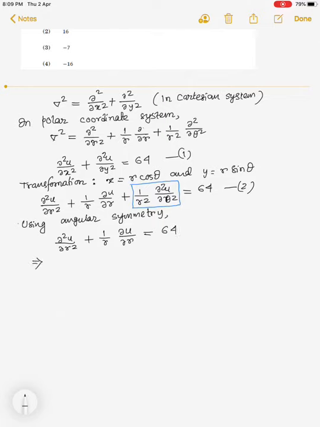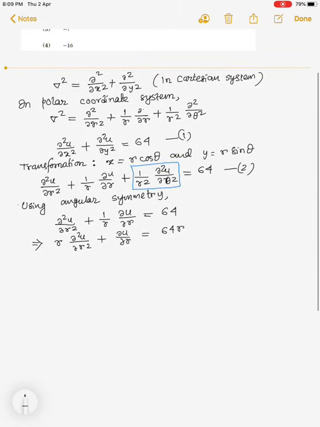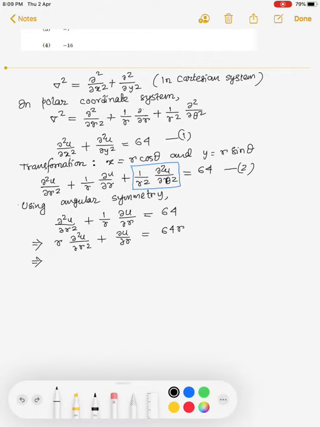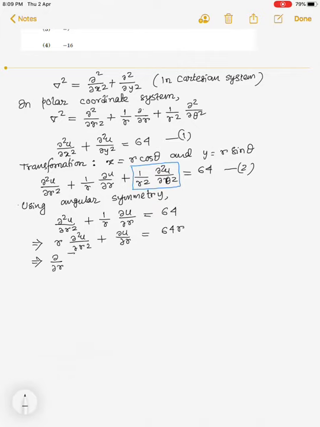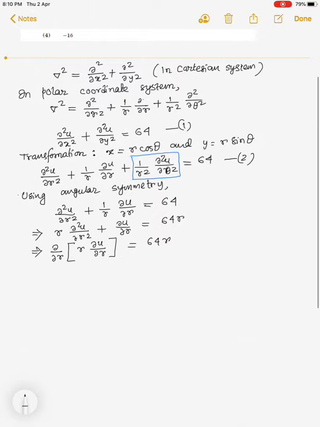Now if we multiply r throughout this equation, we have r del 2u del r2 plus del u del r is equal to 64 r. Now this left hand side may be written as del del r of r del u del r is equal to 64 r.